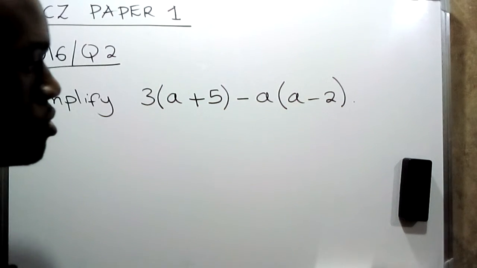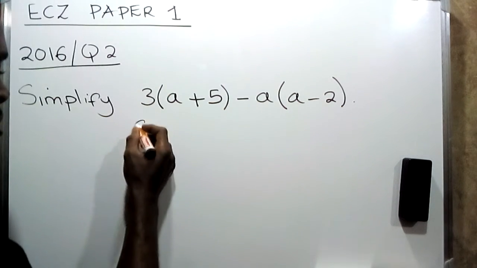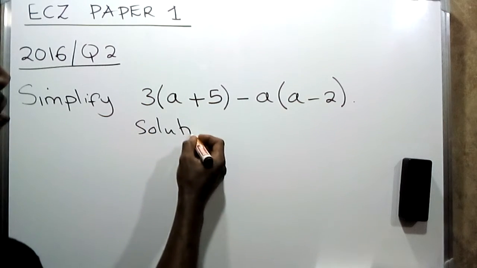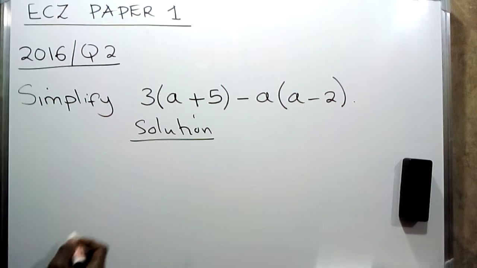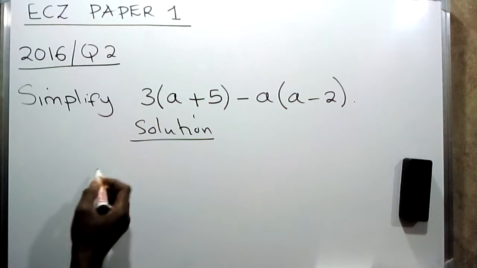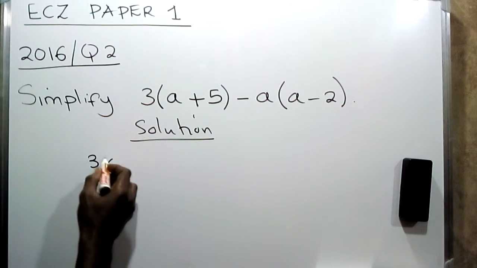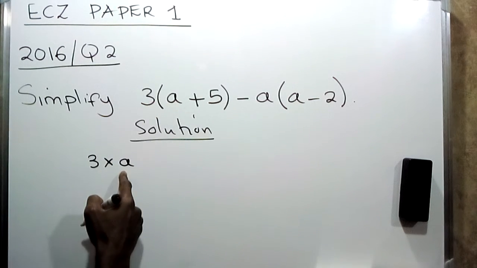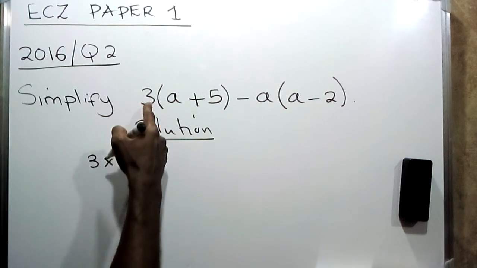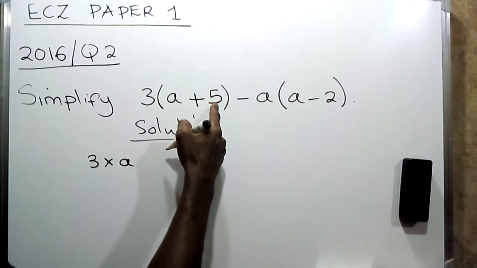So let's do this. Okay, so let's simplify. We see what we are going to have. So 3 times a, which is this one, then 3 times 5.